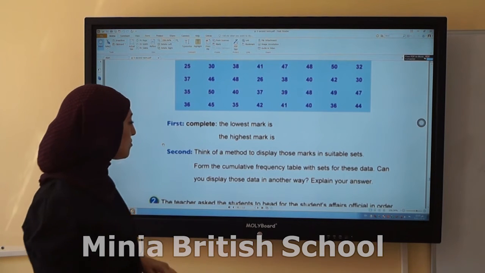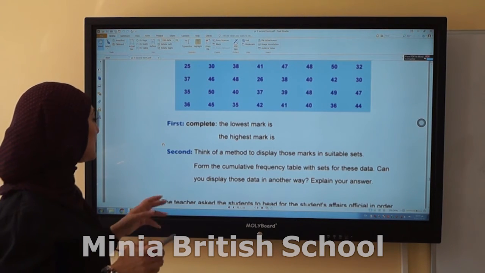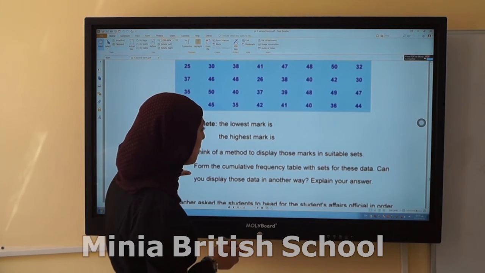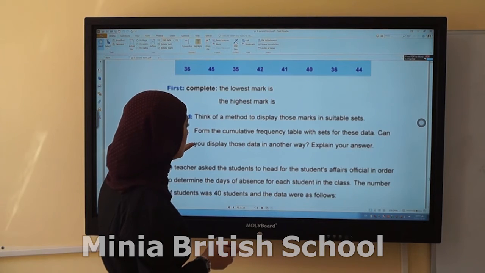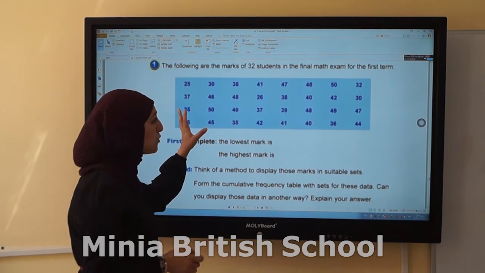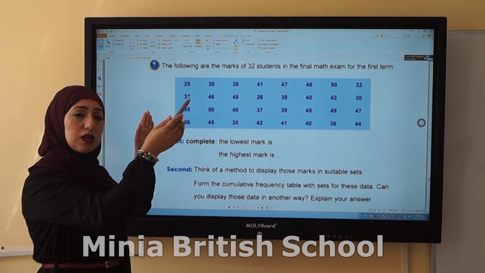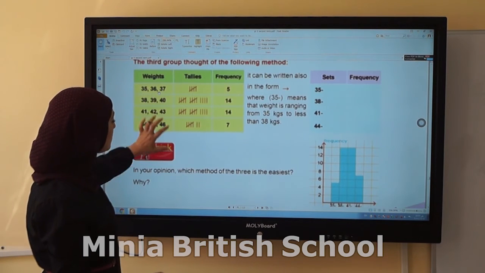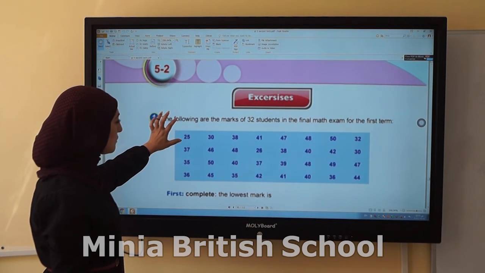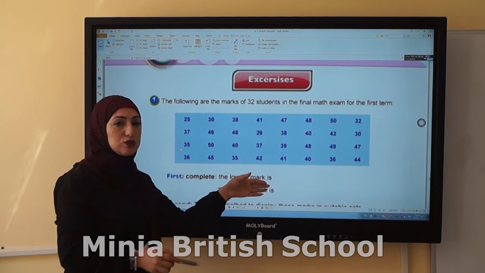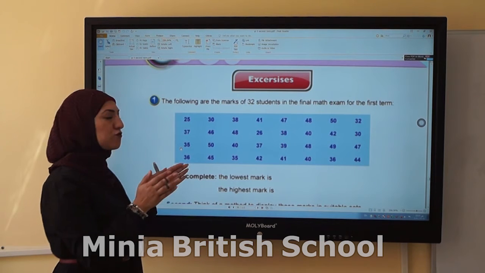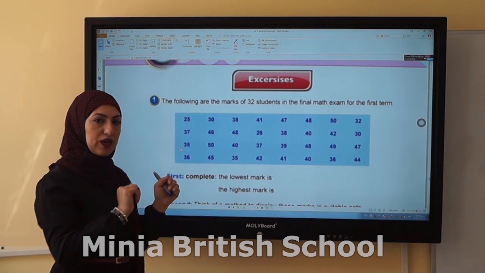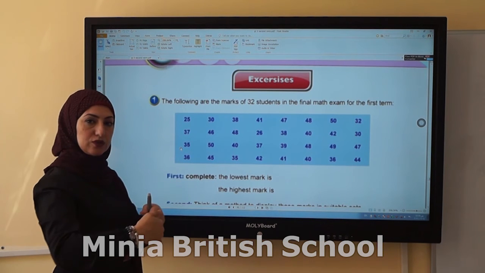Okay, think of a method to display those marks in suitable sets. For the cumulative frequency table, we set these data. Can you display those data in another way? I can put these data in a frequency table, like this one. I have to start from the lowest mark, which is 25, and I can put from 25 to 30.